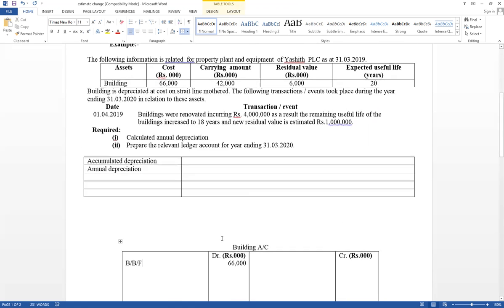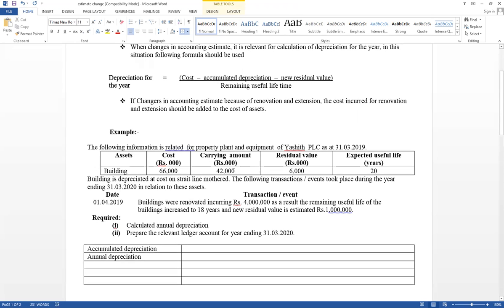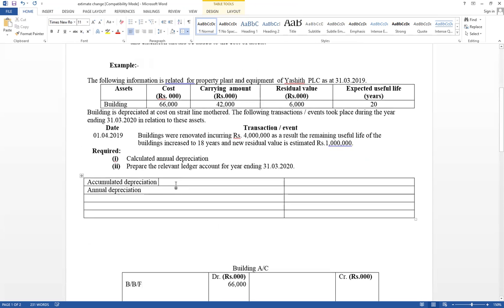And accumulated depreciation, not given clearly, but given cost and carrying amounts. Difference between cost value and carrying amount, those are the accumulated depreciation. Therefore, accumulated depreciation can be calculated up to beginning of the year. It has given cost value 66,000 minus carrying amounts.